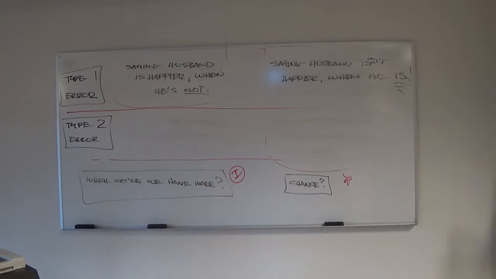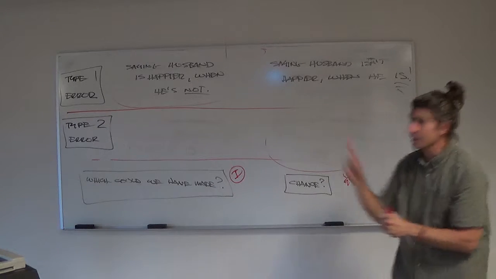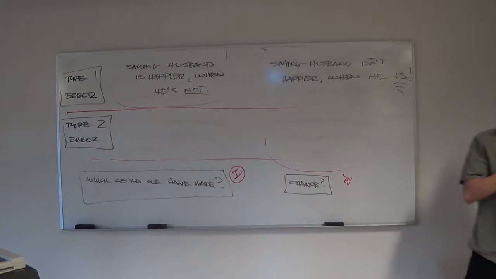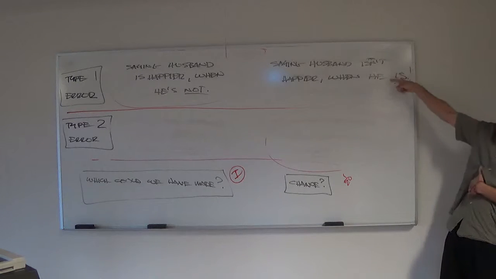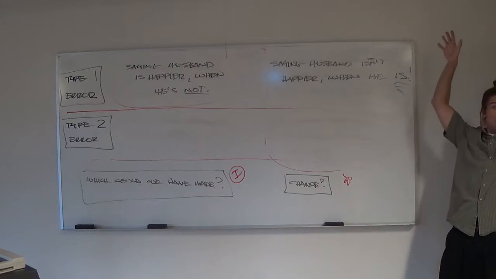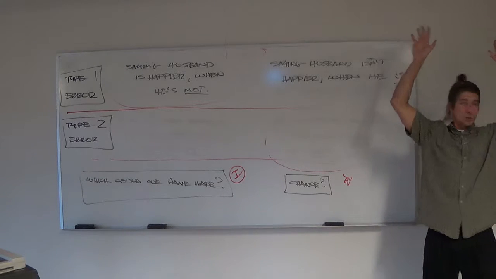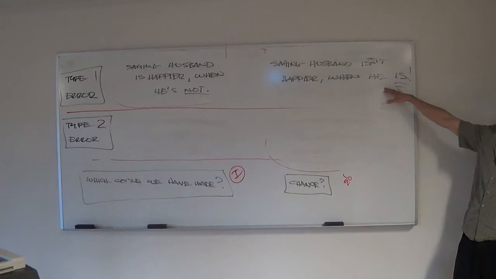Remember, a positive test result means we go in testing the null hypothesis. The null hypothesis says there's no difference whatsoever, which means the husband isn't happier than the wife. That's what this says. This would be a negative test result, coming back with the husband's not happier. So what kind of error would this be? Type 2.